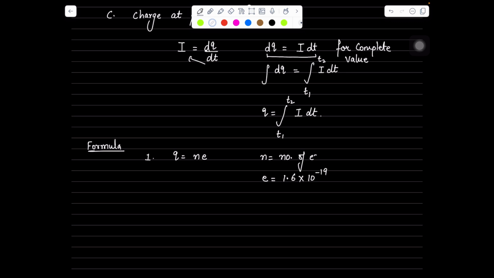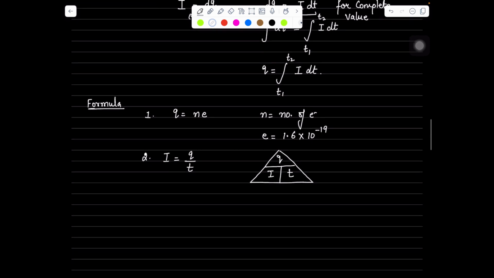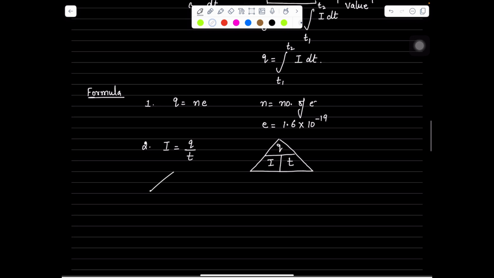Second, I = Q divided by T. You can remember this formula with the help of a triangle: place Q on top, I and T below. Then two more: if we are looking for Q, then Q = integration of I dt from time 1 to time 2, that is the case of integration.